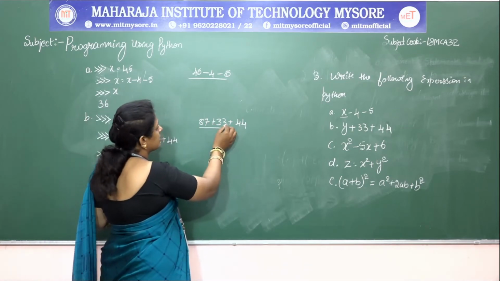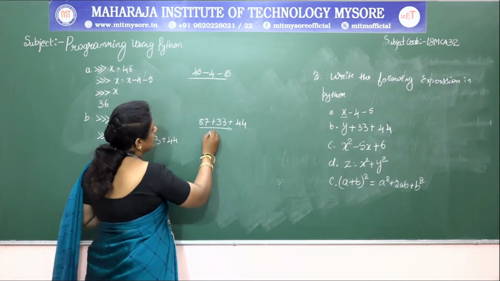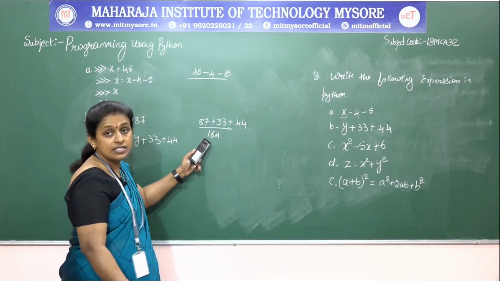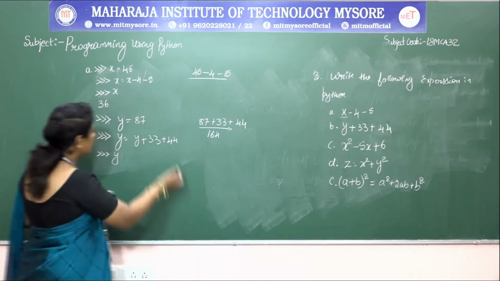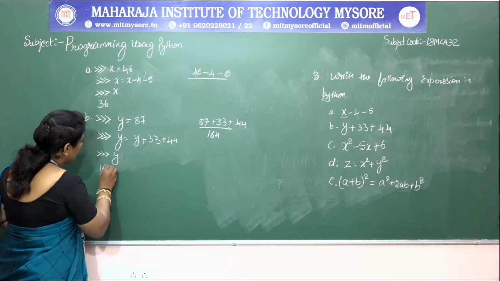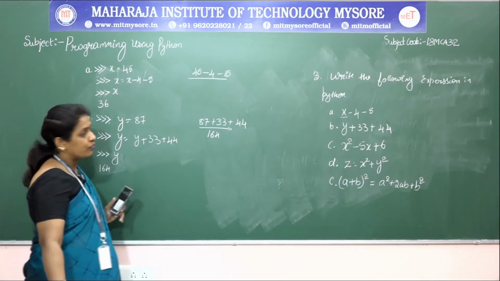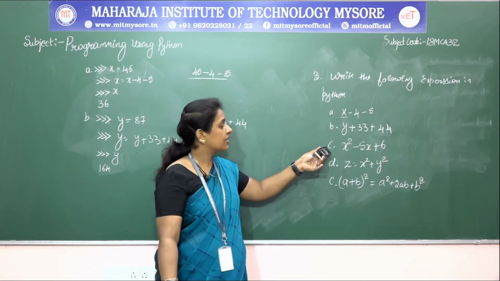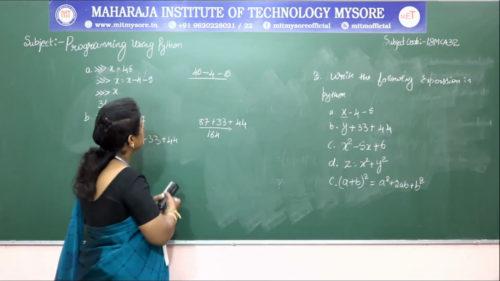So 87 plus 33, and I will get the output as 164, and that will be stored in a variable called y. So when I execute, I will get the output as 164. Okay. Let's go with the third expression.